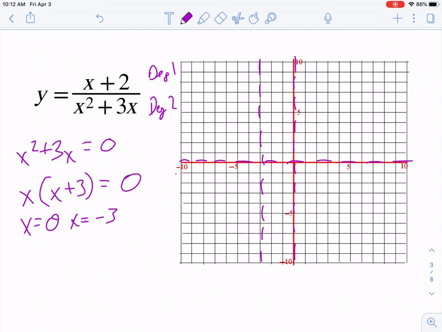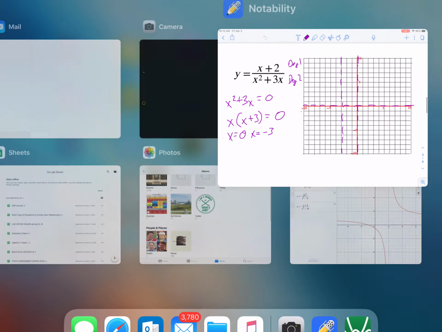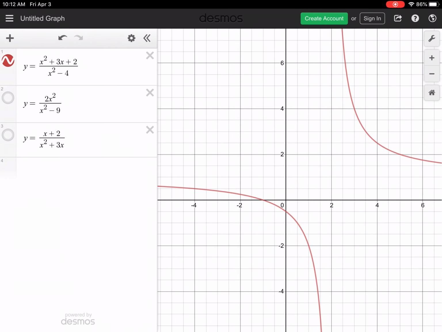Okay, so there's no holes in this. And now to get the rest of my points, I'm just going to put this on Desmos so you can see what this thing looks like. I'll pull that back up. That is this one right here.